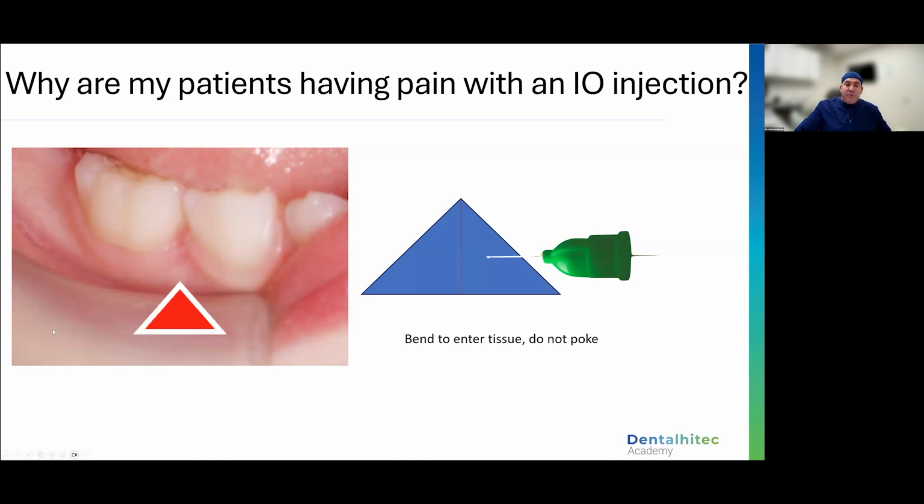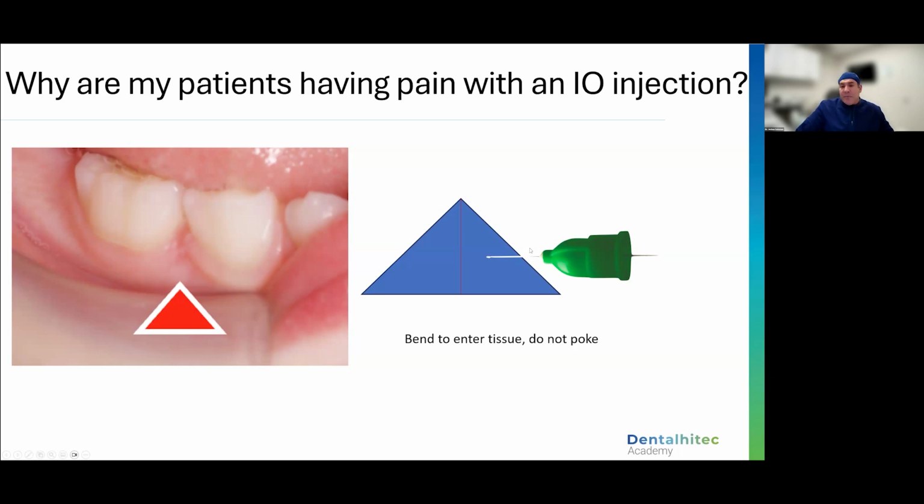What I'm assuming is that some people are putting the needle tip in the midline and then pushing too far into the soft tissue, advancing too far forward, and actually either touching the periosteum or the PDL. So my goal is to be about 1 millimeter away, maybe 2, but probably closer to 1 millimeter away from the middle of that papillary triangle. All we're looking for is blanching in about a 4 millimeter area. That's all you need. You don't want it all the way down to the vestibule.